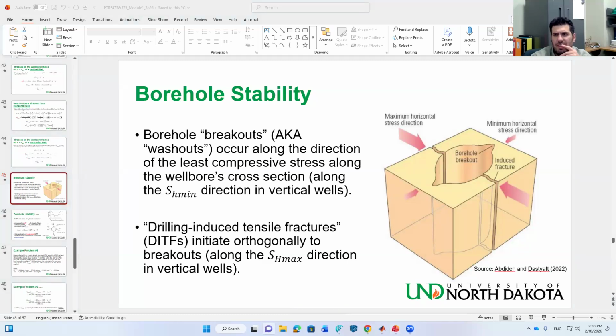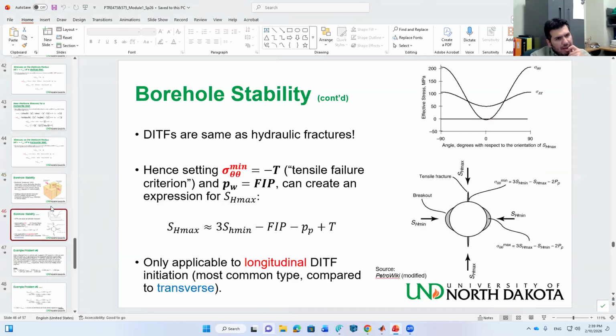Okay, I'm sharing the right screen and I'm recording. What else? Then we took the equation for longitudinal drilling-induced tensile fracture, and we saw that we back calculated, or back derived, an equation that we had already seen before.